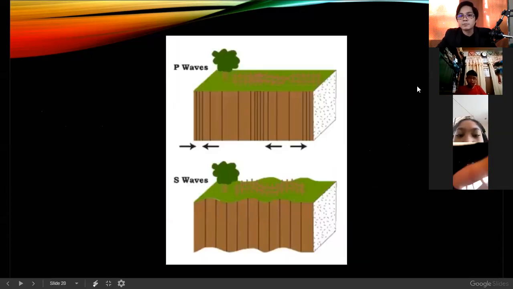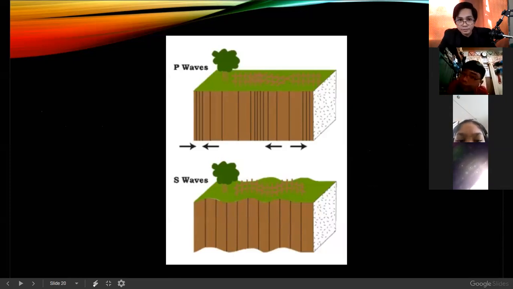So these are the movements of the primary wave and the S wave. The primary wave moves away from each other, and the S wave, or secondary wave, shakes the ground.